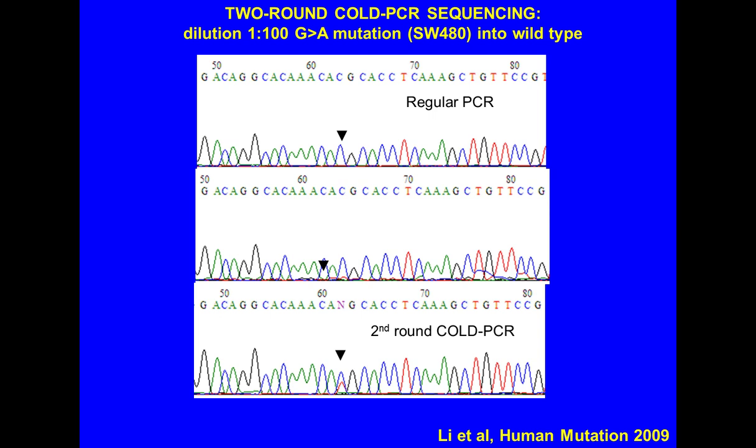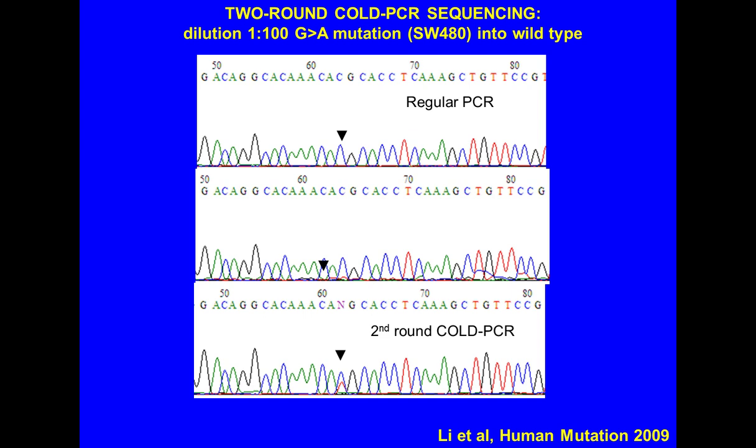So eventually, if you keep doing too much COLD-PCR, you will produce false positives because of polymerase misincorporation. Here we demonstrated by having a proofreading enzyme that up to 2 rounds of COLD-PCR you don't see appreciable generation of mutants, at least at the levels that we can see by Sanger sequencing.